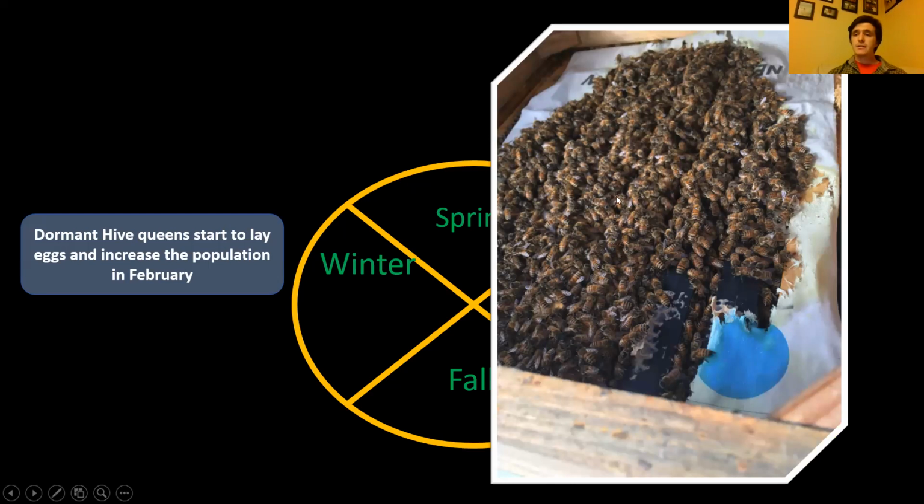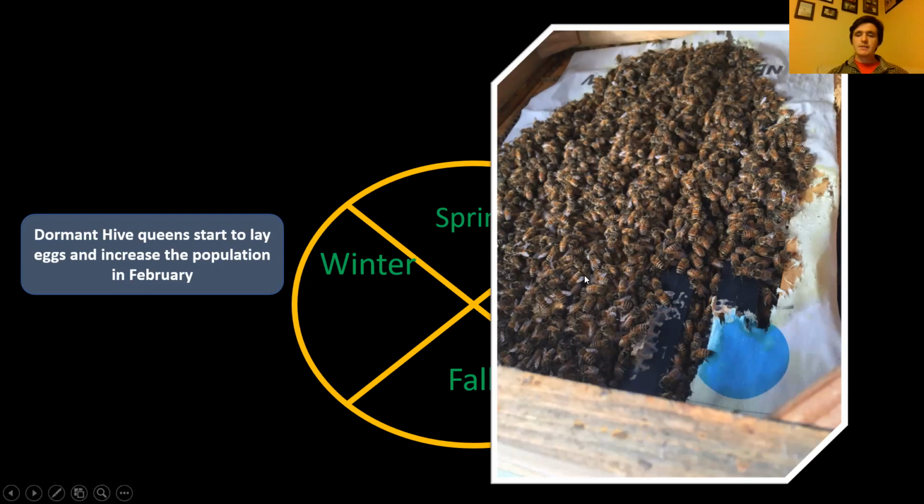That is where the queen is. She's starting to lay some eggs right now to build the overall population. And when I say the population is growing in this talk, I'm referring to the population of the individual honeybee colony.